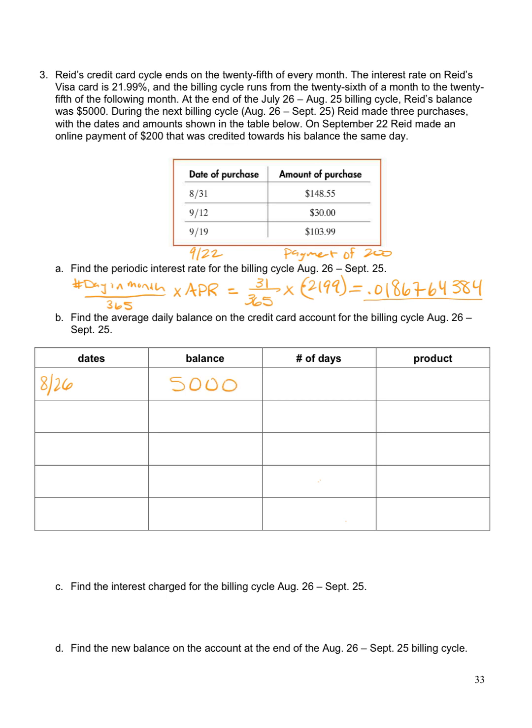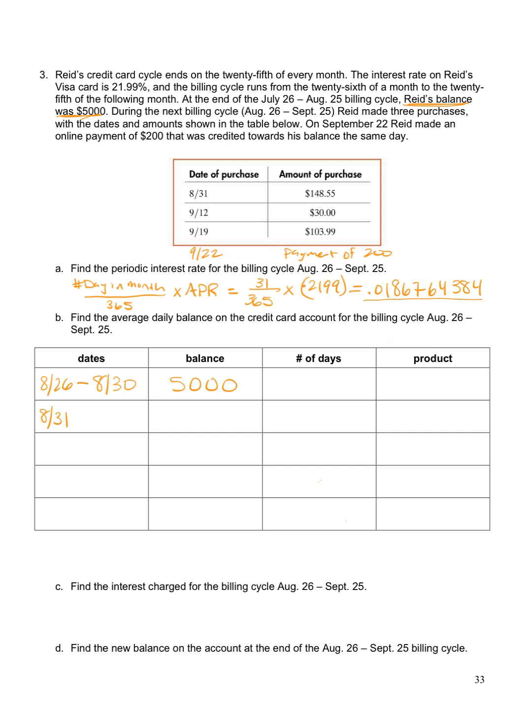Okay, because Reed carried over a balance of $5,000 from the previous month. And that is going to stay the balance until his first purchase on the 31st. So this is going to be the balance until 8/30. And then on 8/31, Reed made a purchase of $148.55. So I'm going to add that to the $5,000.